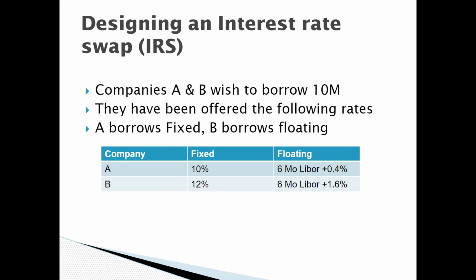Okay, students, the swap is often done diagonally. One will borrow in fixed and the other in floating. Now you've been given the situation. When we do an interest rate swap, I was alluding to this: what is the idea behind doing an interest rate swap?